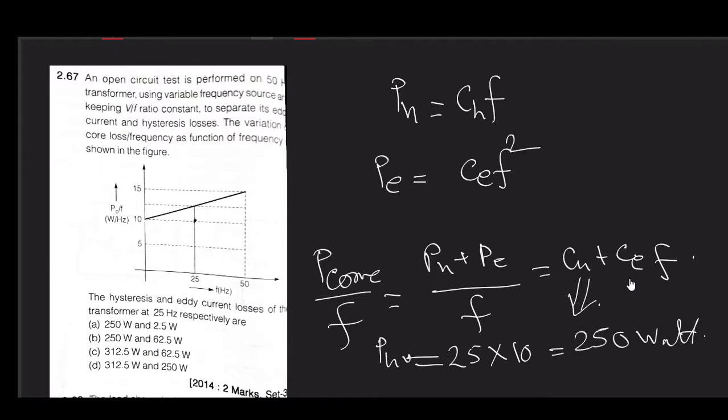So if it is 250 watt, then what about PE? Two ways you can do it. Either you find its value at 25, so just multiply it. What is the value here? It is 12.5.